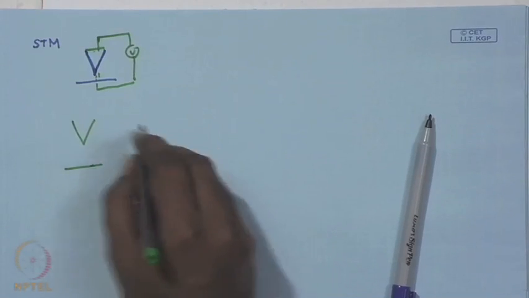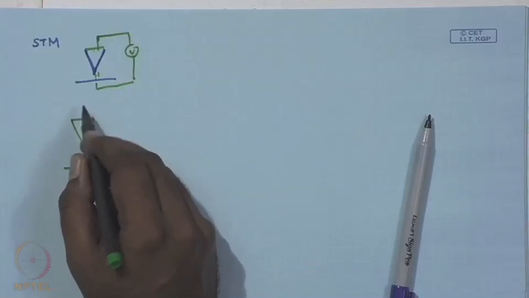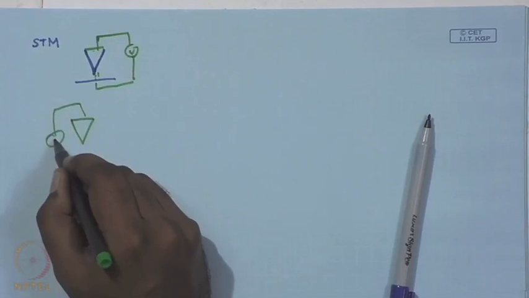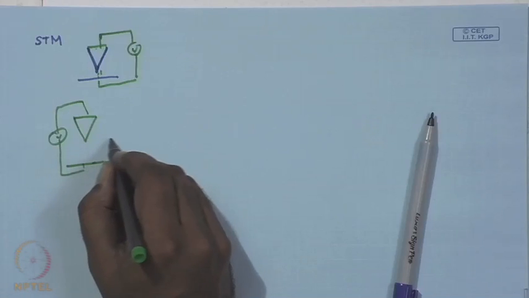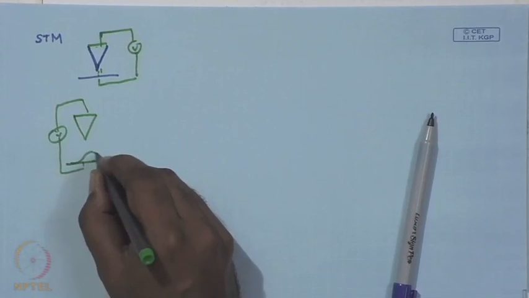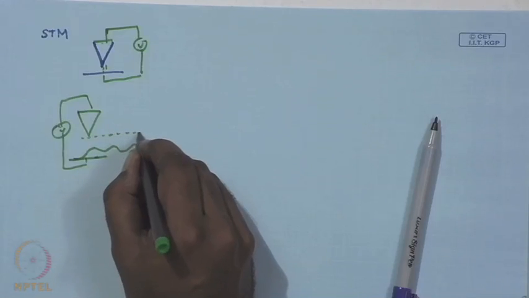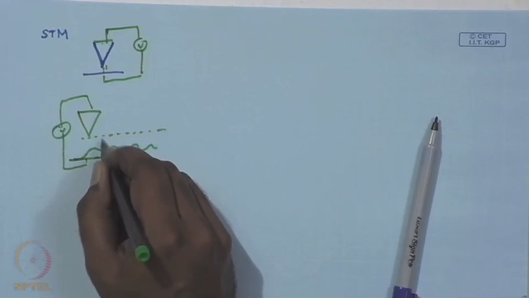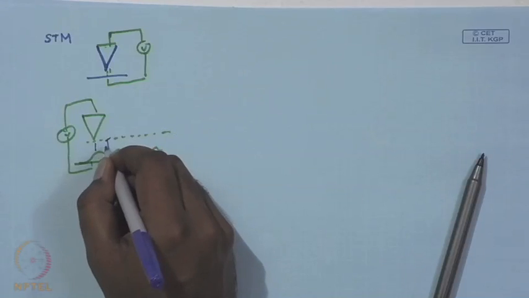In other words, if you move your tip along with the voltage over the surface at a constant height, and the surface is something like this, then as the tip moves there is a variation in the separation distance between the tip and the surface.